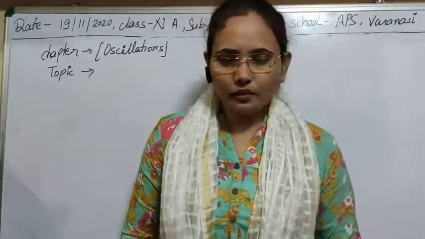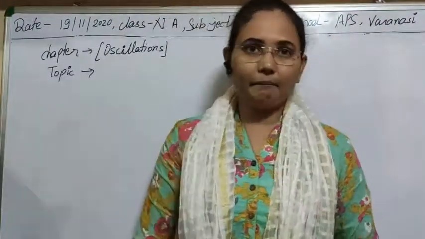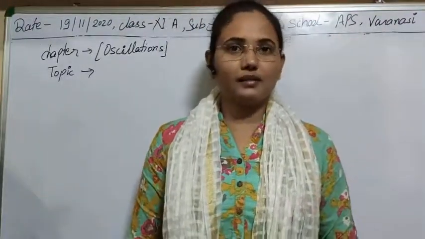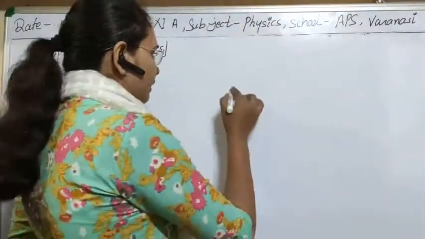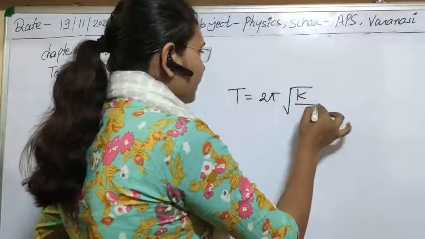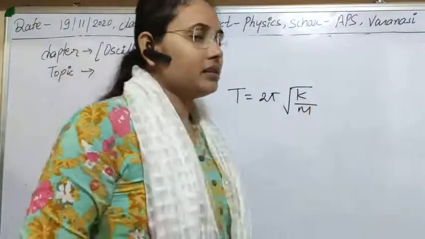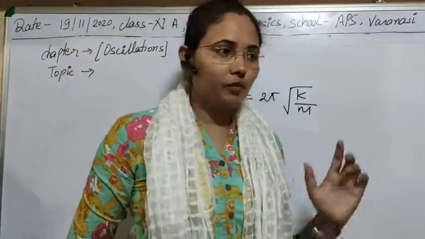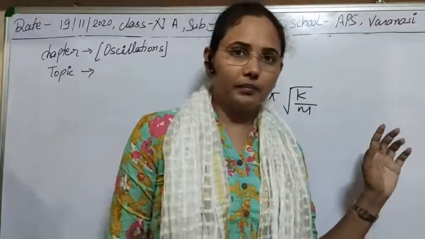So the concept of force law and the time period which we have calculated is clear to you. In case of time period, you have seen that the formula is root k by m. This is the formula when the body is performing only linear oscillation.